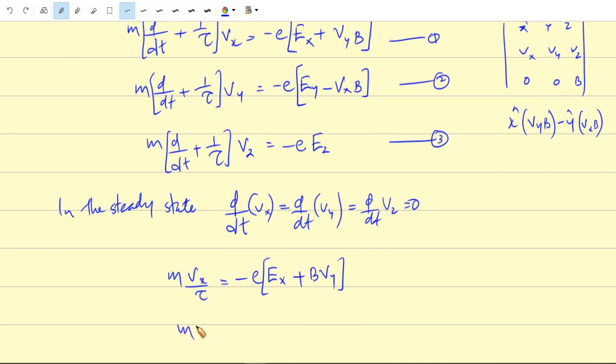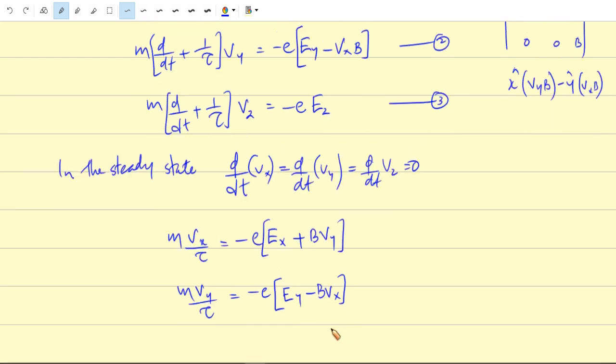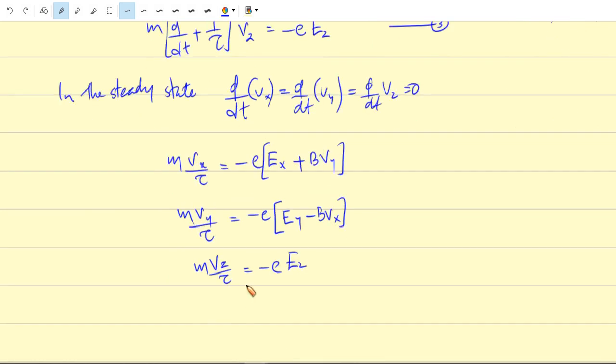Similarly, therefore Vx is equal to minus e tau by m Ex minus e B tau by m Vy.